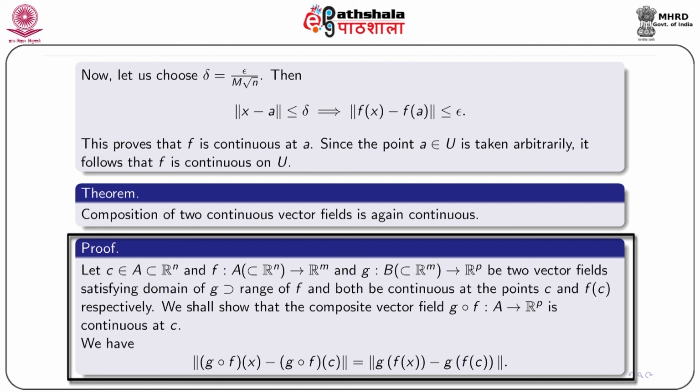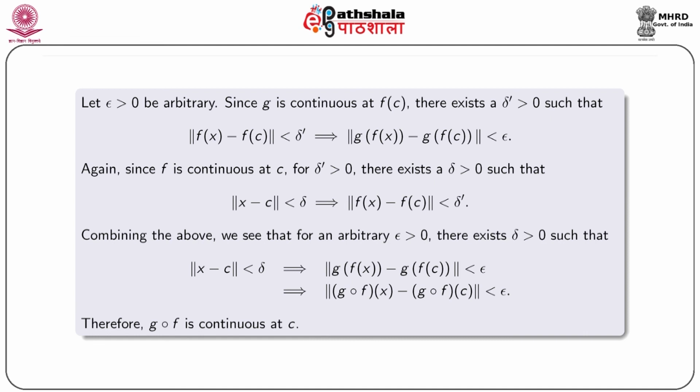Now, norm of (G compose F)(x) minus (G compose F)(c) equals norm of G(F(x)) minus G(F(c)). Let epsilon be arbitrary. Since G is continuous at F(c), we can find a delta dash corresponding to epsilon such that norm of F(x) minus F(c) less than delta dash implies norm of G(F(x)) minus G(F(c)) less than epsilon.